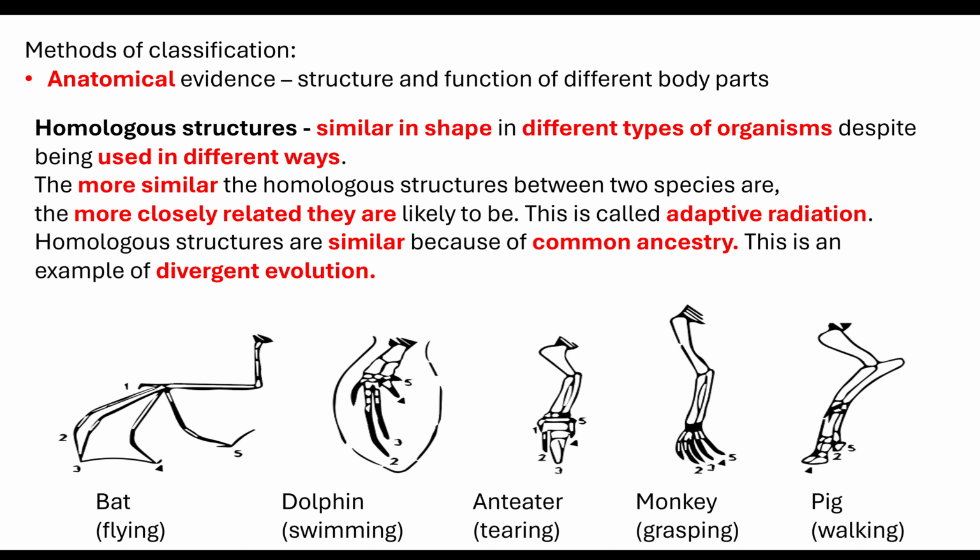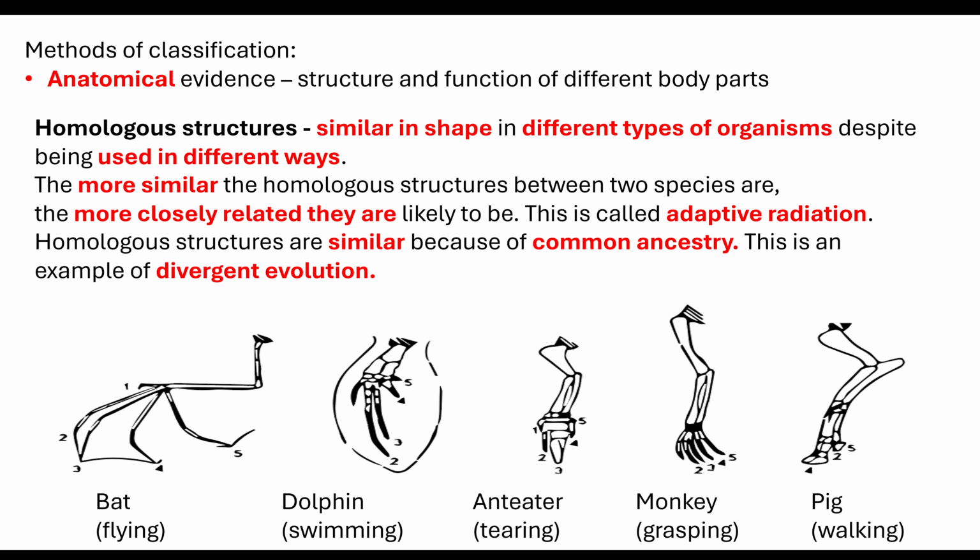Homologous structures are similar because of common ancestry. This is an example of divergent evolution. Where we saw it in our phylogenetic tree before, where you have the common ancestor and then the branching off, that is known as divergent evolution.